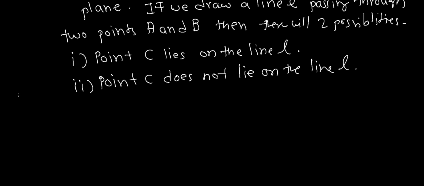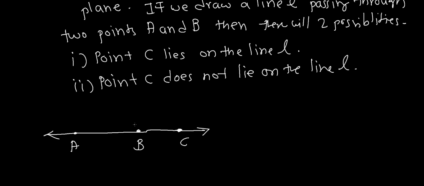Let's first draw points A, B, C, and then draw a line that is passing through points A and B. There is a possibility, first, that point C lies on that line.